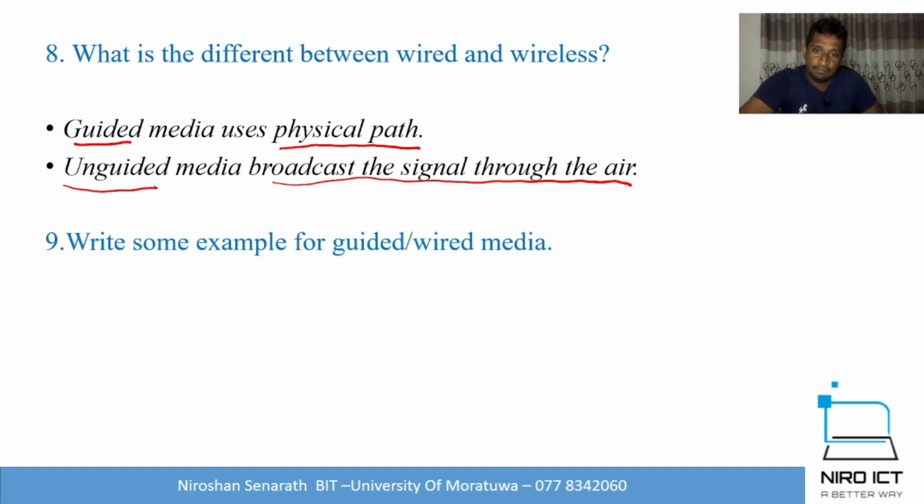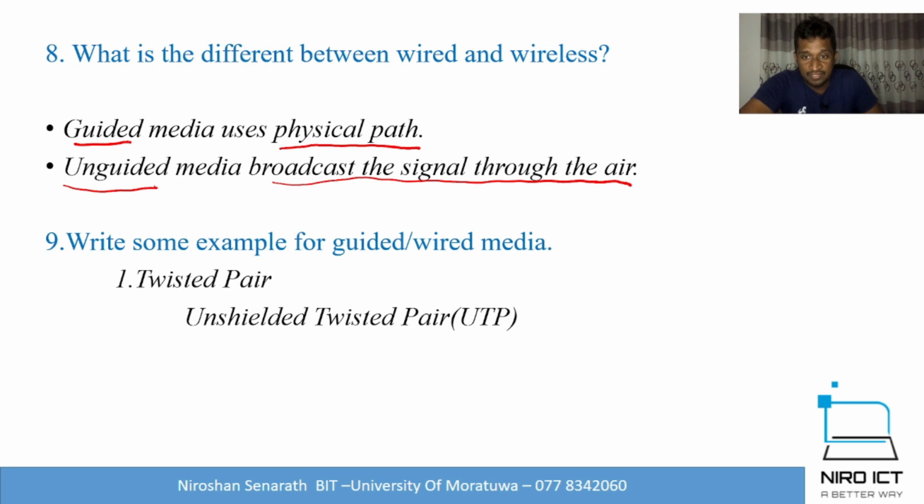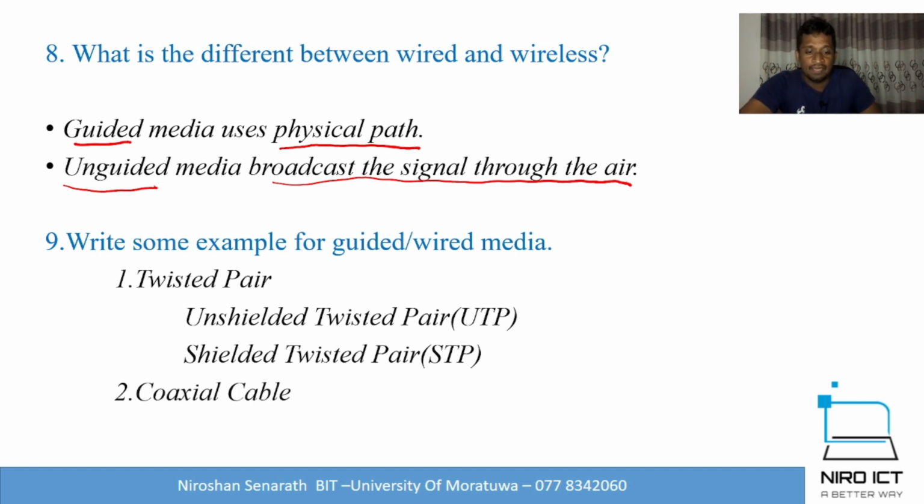Now some examples for guided media. There are three types I have shown in my previous diagram. The first is the twisted pair cable, which can be categorized into two parts called UTP, or unshielded twisted pair, and STP, that means shielded twisted pair. The second one is coaxial cable, and the third one is fiber optic cables.